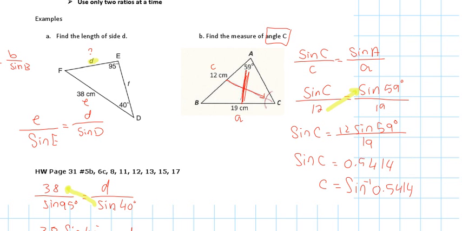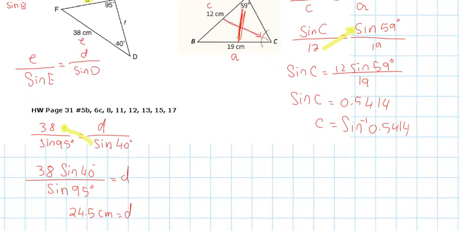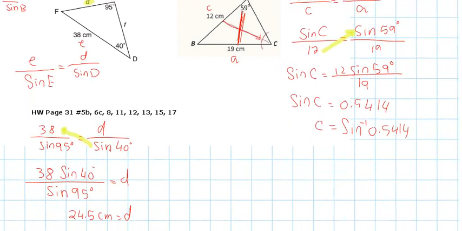And that should give me 33 degrees, or 32.776, right? But because angles are to the nearest degree, that's going to be 33 degrees.